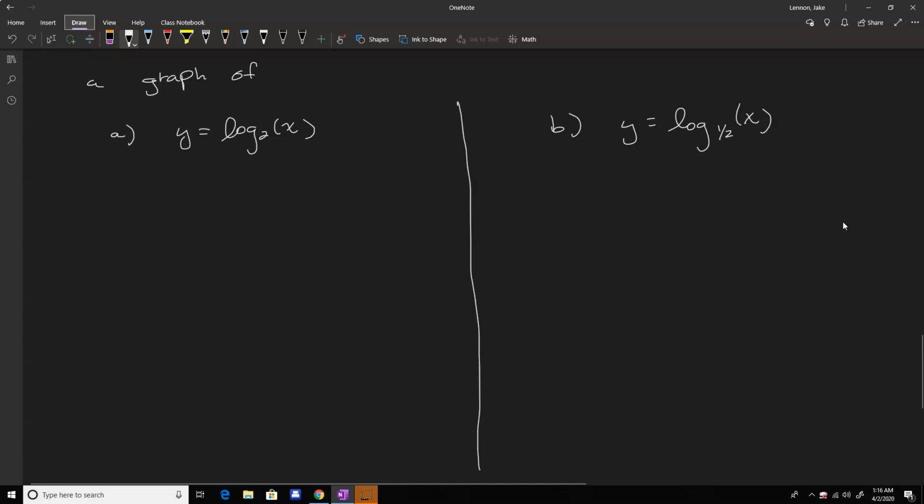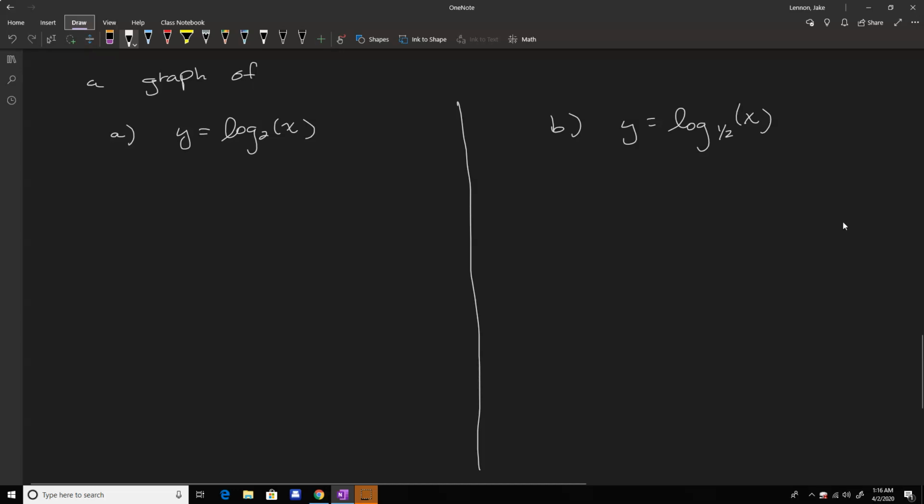So let's go ahead and first create a table of values here. So this is one of those things where we have to recall that for our table of values, we can only input things that are positive, and the only things that are going to be easy to evaluate are going to be basically powers of 2 and powers of 1/2.